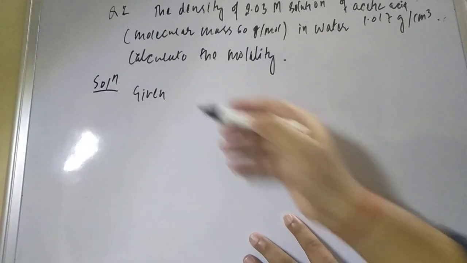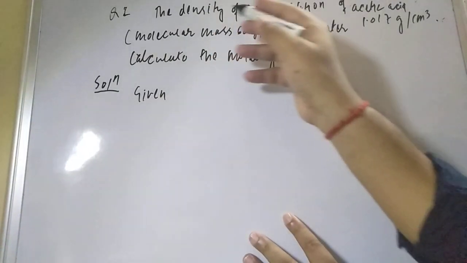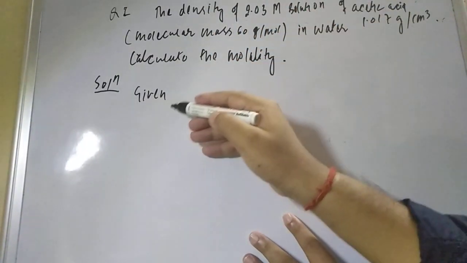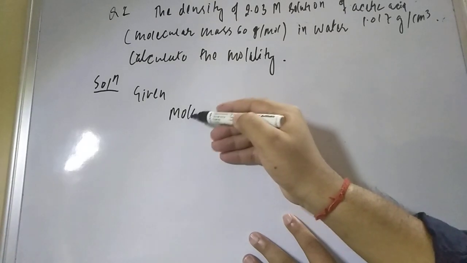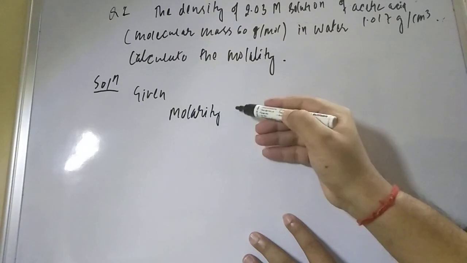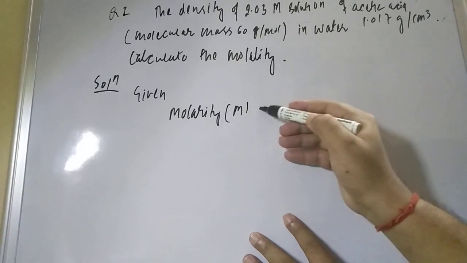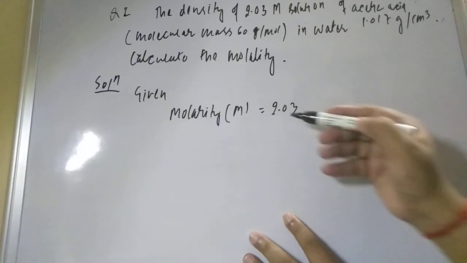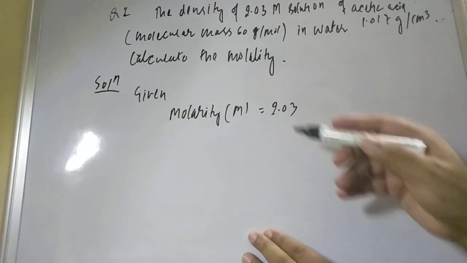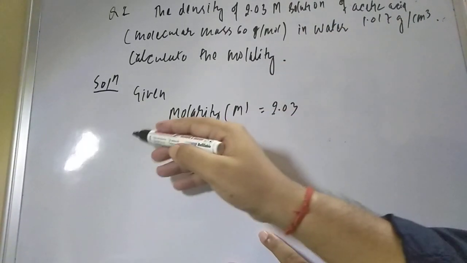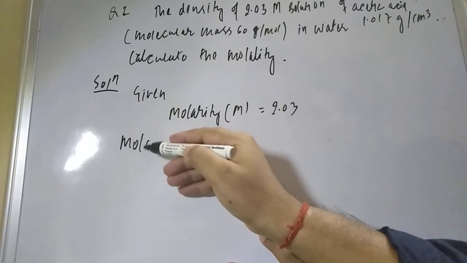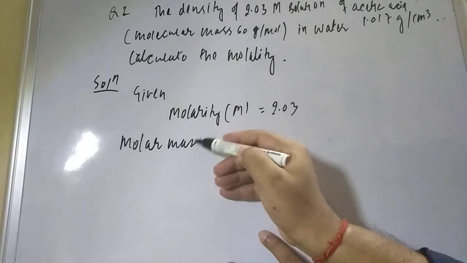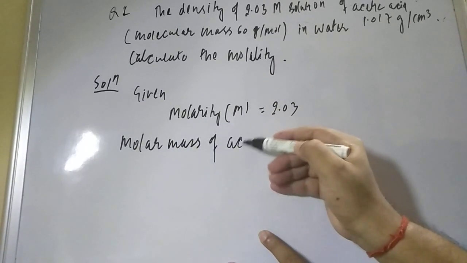The first one given is the molarity of solution, capital M, 2.03, of acetic acid. The molar mass of acetic acid is given, student.